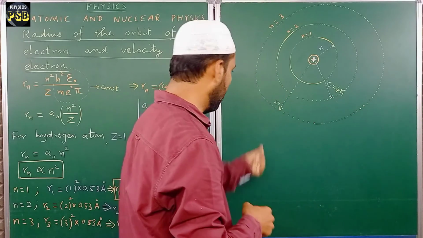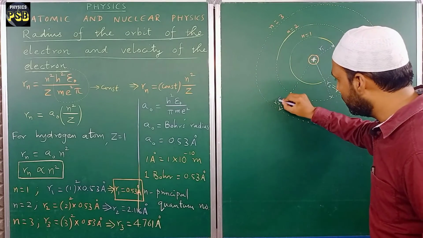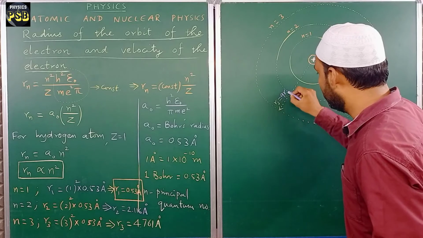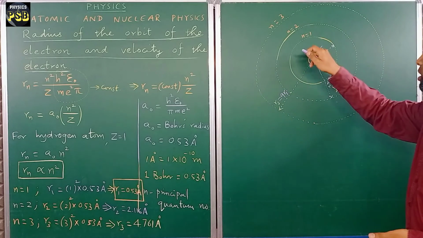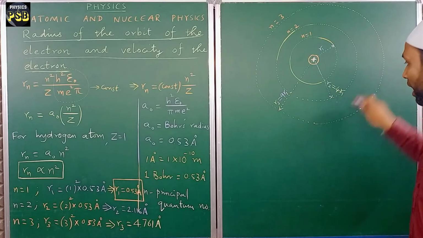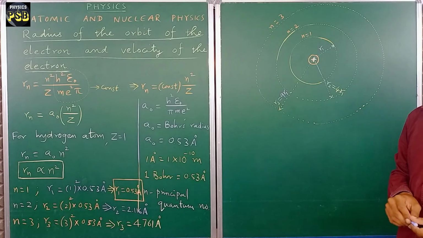And here R3, according to this equation, is found to be equal to 9 times the radius of first orbit, 9R1. So R2 is equal to 4R1, R3 is equal to 9R1. If I have fourth orbit, then its value will be equal to 16R1.